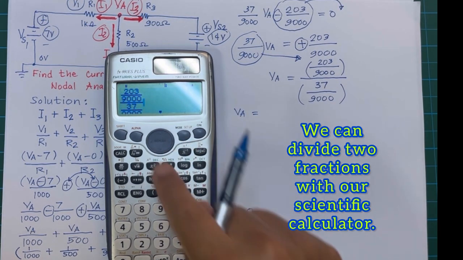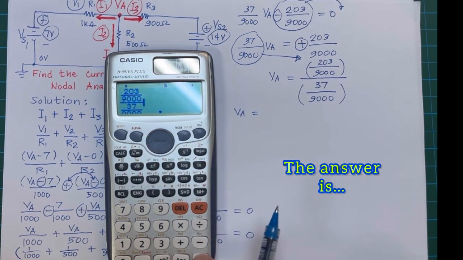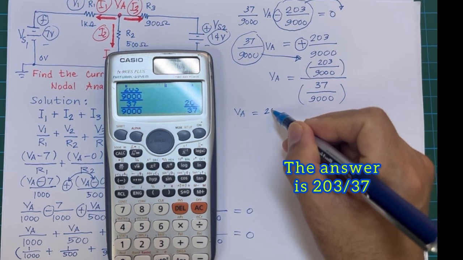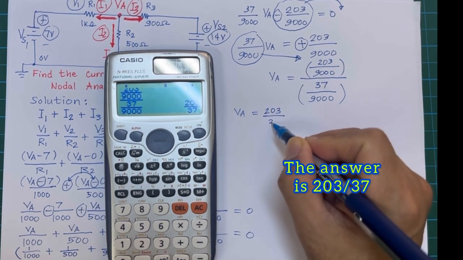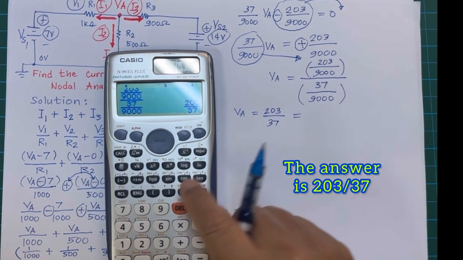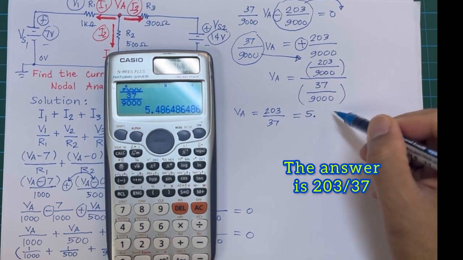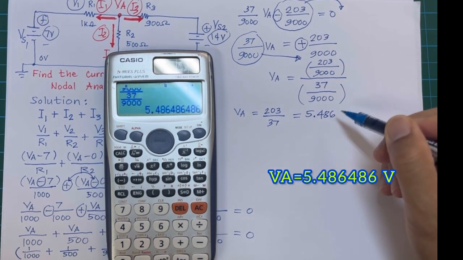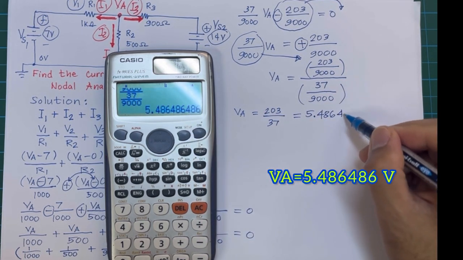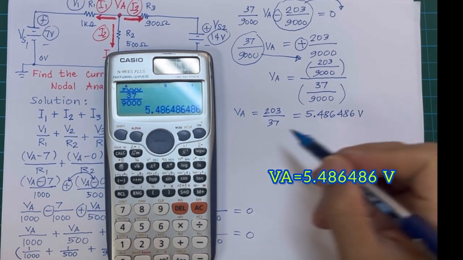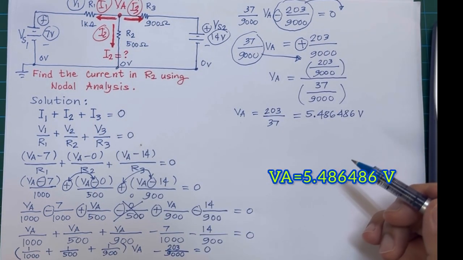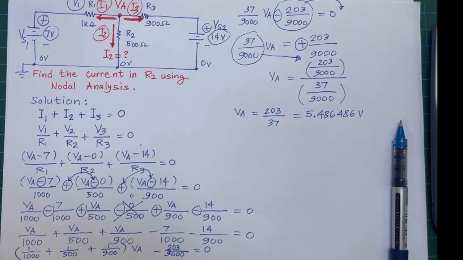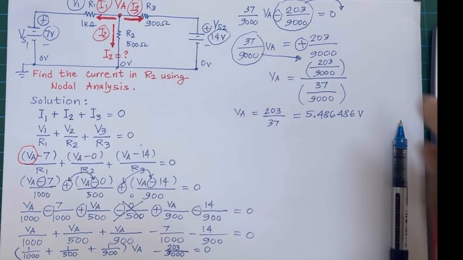And of course, we will get the answer of how much? 203 over 37. Or let's change this to decimal places, 5.486486. But let's use 6 digits on the fractional part after the decimal point.